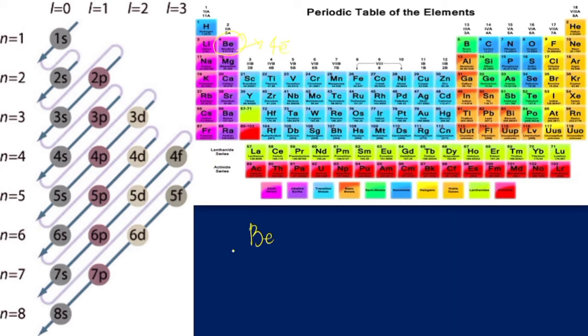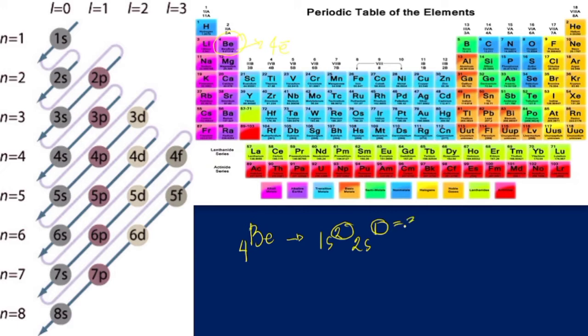It has also 4 protons. So let's write here 4. Its electronic configuration is like this: 1s2, and then 2s1. Okay, so how many electrons are there? There are 3 electrons.